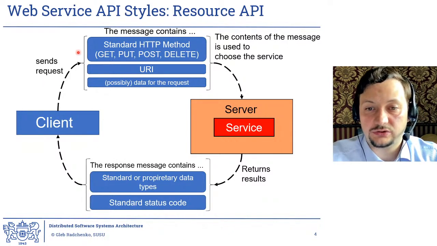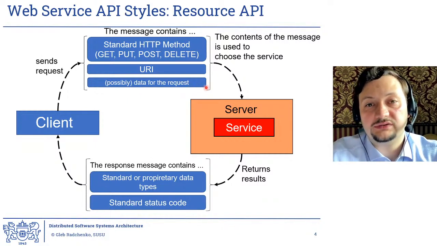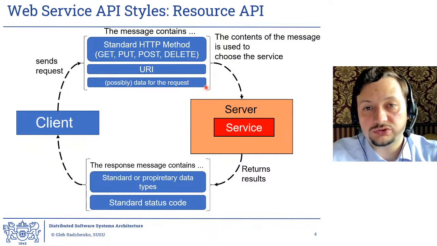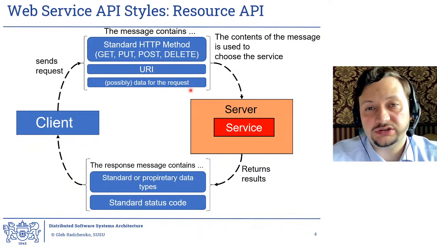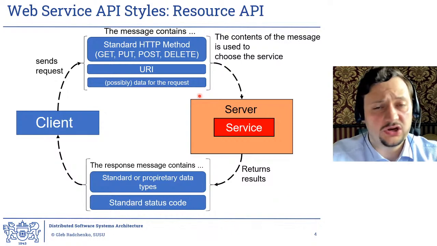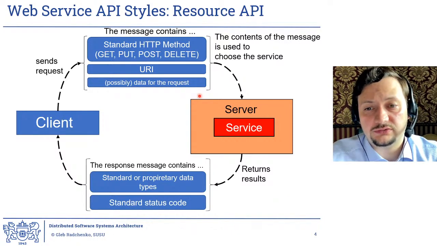In this case, the request has a standard HTTP method like get, put, post, or delete. It has a URI that identifies the resource that we need to get access to, and possibly the data for the request. For example, if we want to update the existing resource on the remote server, we can put here the representation of this new resource in JSON or XML or plain text or any other format to send to this remote server.